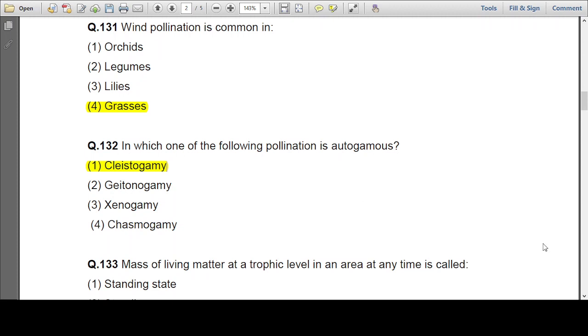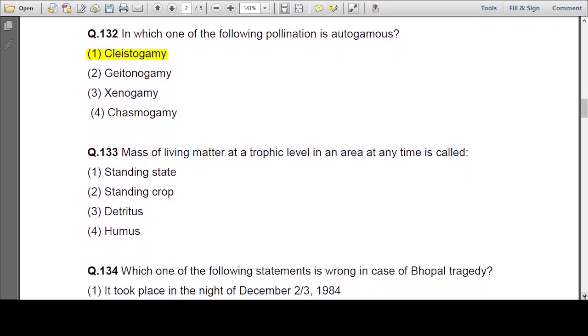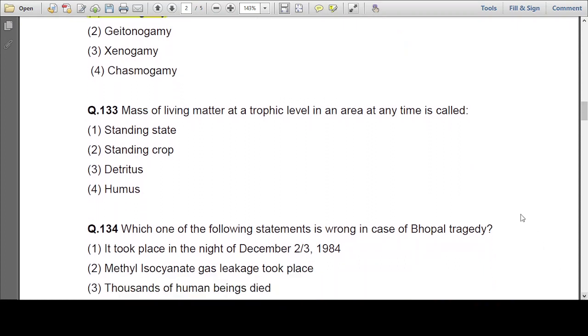Now your speed should be high enough to solve the biology questions in a very short time, to save the time for solving chemistry and physics. So you have to solve it very fast. Mass of living matter at a trophic level in an area at any time is called standing crop. There are two terms, one is standing crop, one is standing state.